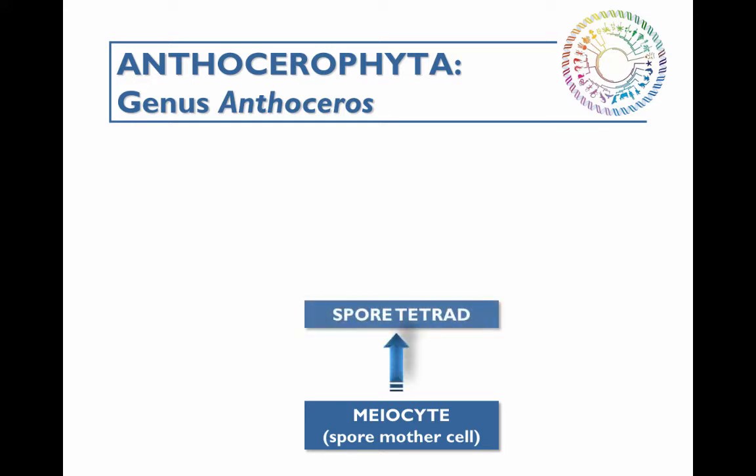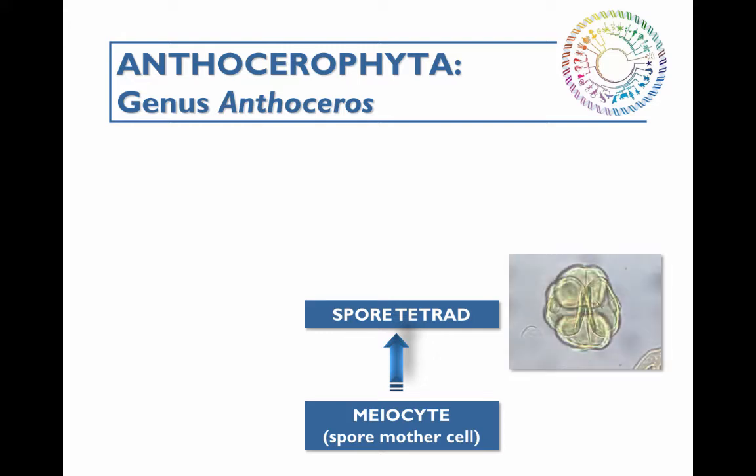And if we look a little bit higher up in the sporangium, we have cells which are older, more mature. And instead of sporocytes, we have spore tetrads. Now, the word tetrad refers to a cluster of 4 spores that came from the same maternal cell. So if you like, these are 4 immature spores.